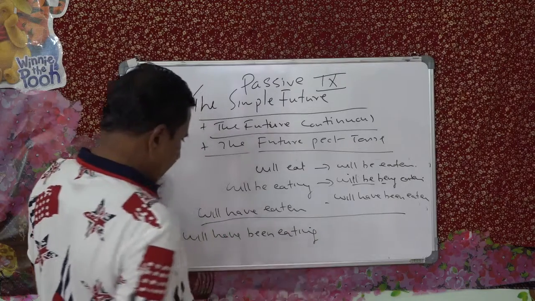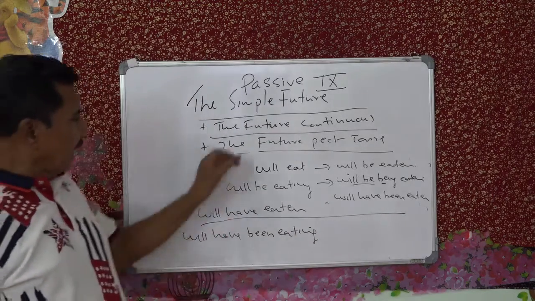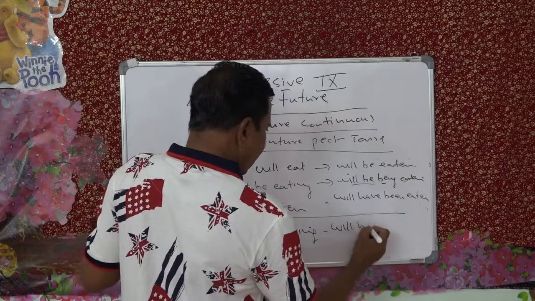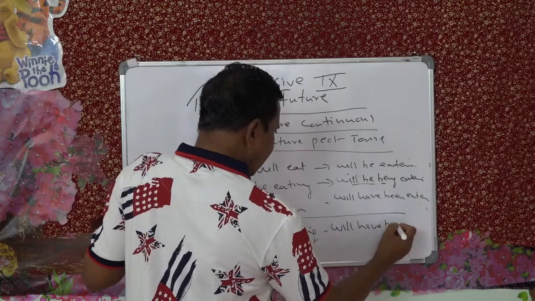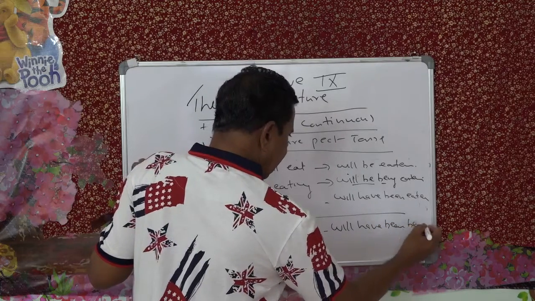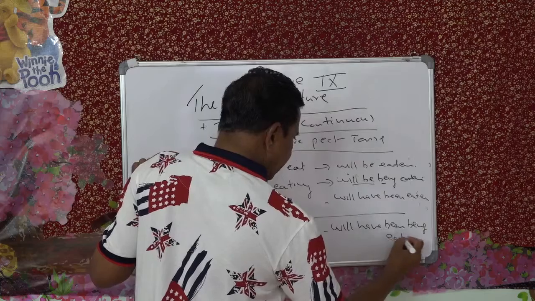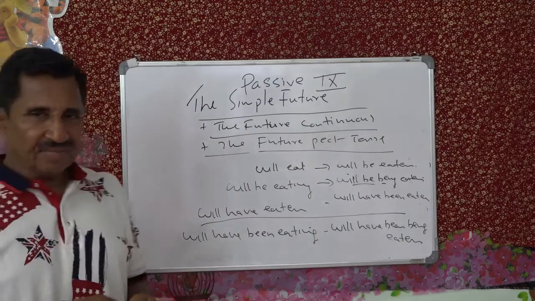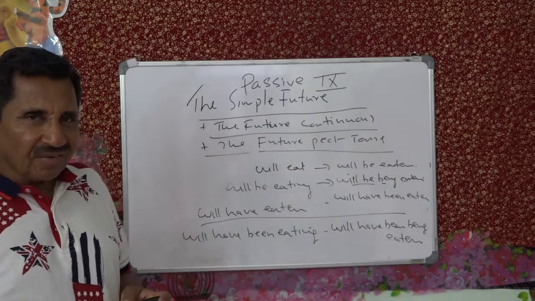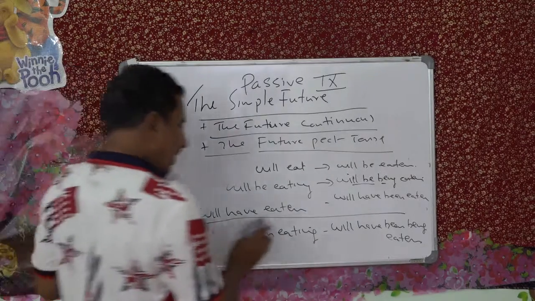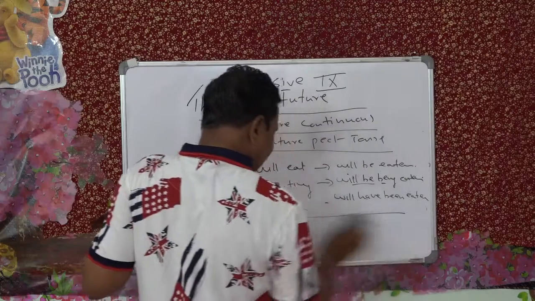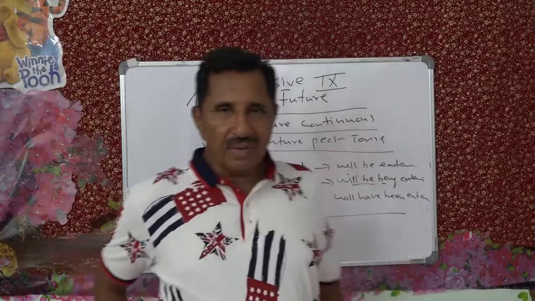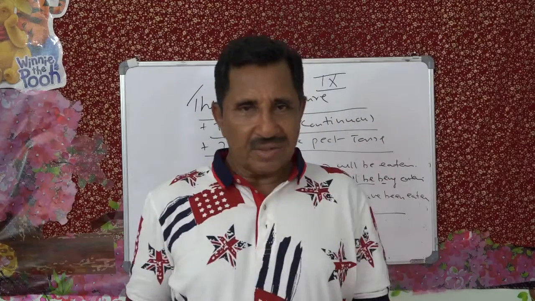This, will have been eating, is the active voice. Then passive will be will have been being eaten. Will have been being eaten. Normally we don't require such an expression, but later on when you want, of course, you can have it, not now. Because theoretically it's possible. I think that will be enough for you to understand things for the time being.